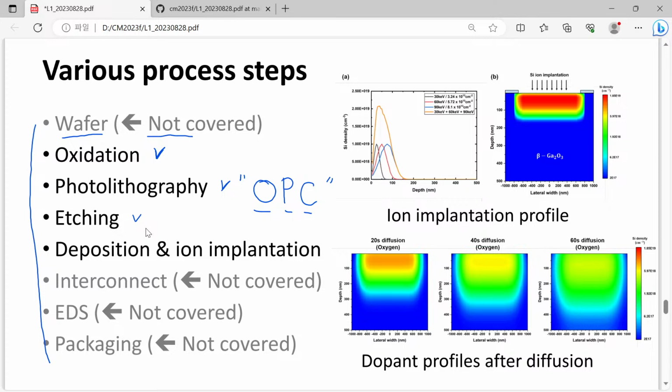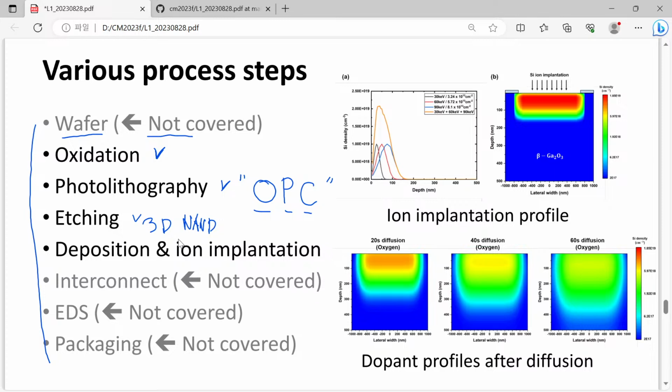Nowadays these NANDs are all 3D NANDs, and these 3D NANDs require very deep etched profiles. Since that is so deep, we have to control our etching process quite accurately, so etching is quite important in our TCAD simulation.